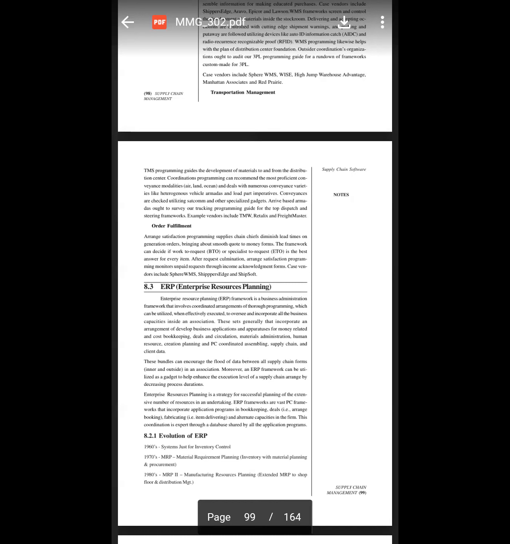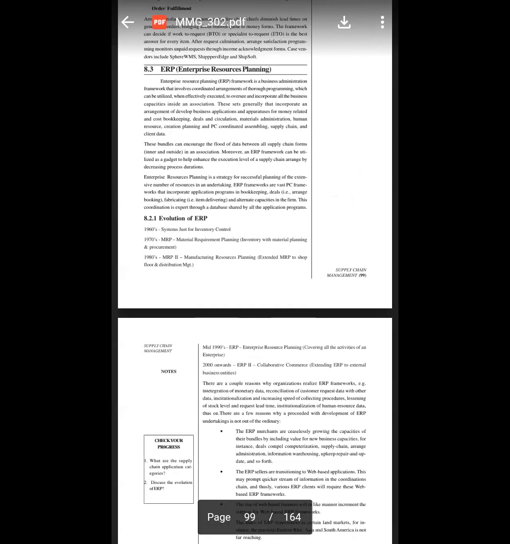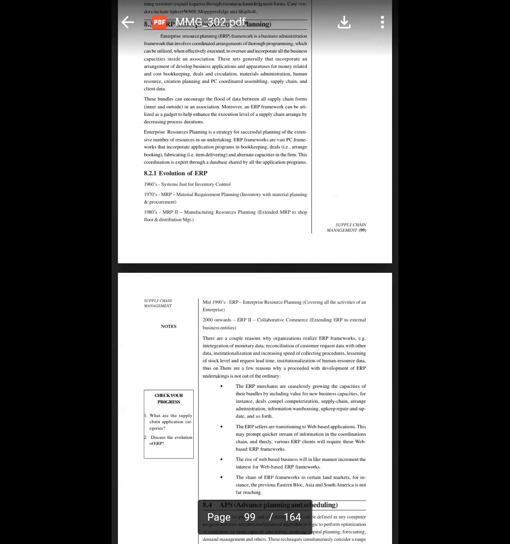Then the next one which we are going to discuss is ERP, that is called Entrepreneur Resource Planning. The Entrepreneur Resource Planning framework is a business administration framework that involves a coordinated arrangement of programming, which, when efficiently executed, can be utilized to oversee and incorporate all the business capacities inside an association.